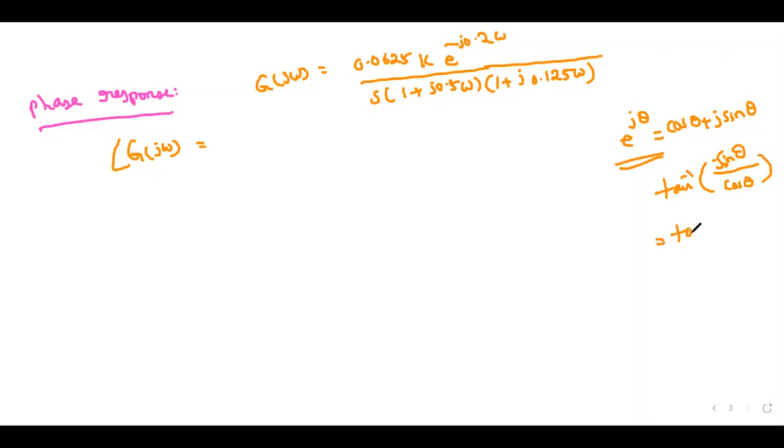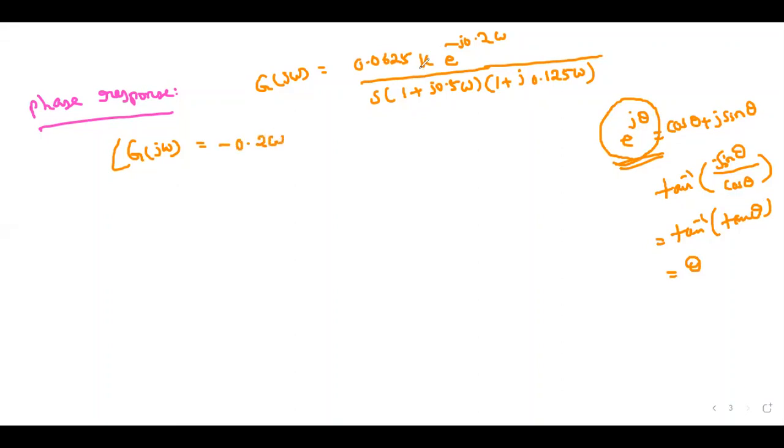This is tan inverse of tan theta, which is equal to theta. That means when there is a term like e power j theta, the theta is the angle of this term. Similarly here, the angle is minus 0.2 omega.